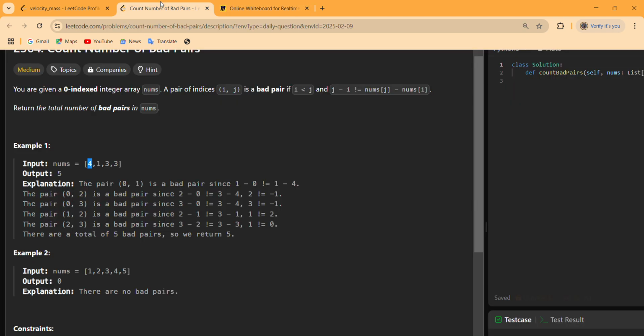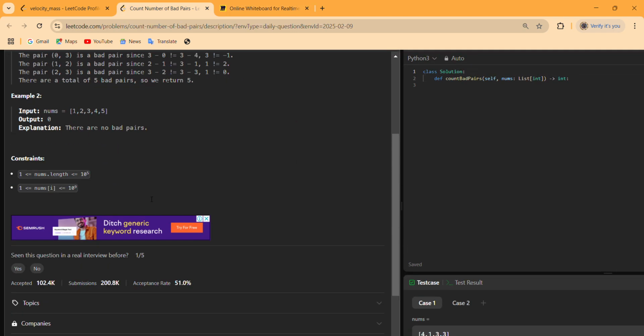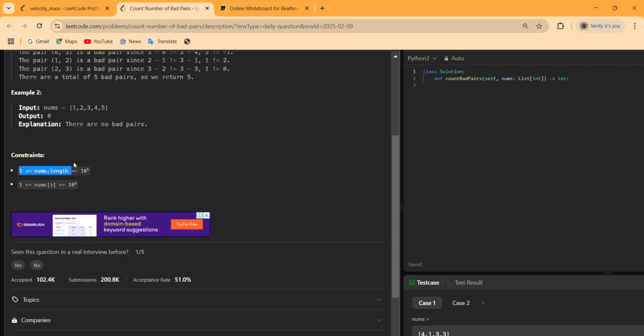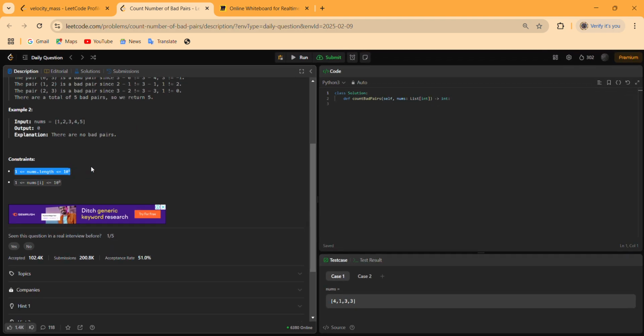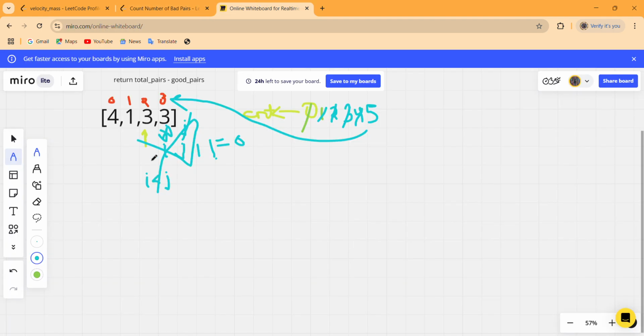But according to the question, we are given nums of length up to 10 to the power 5, and in this brute force approach we are using two loops, so this will go up to 10 to the power 10 in the worst case, and this will surely give us a TLE, because we have to write a solution that can do computations better than 10 to the power 8 computations in 1 second.